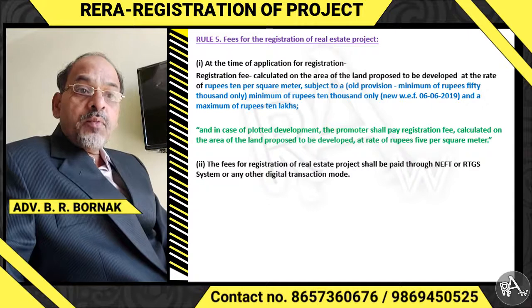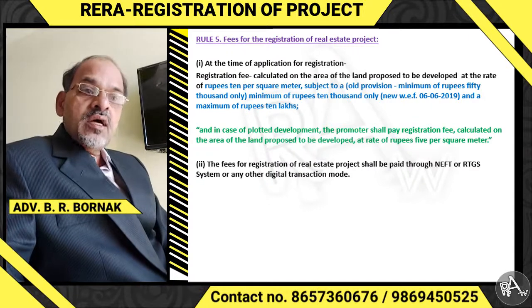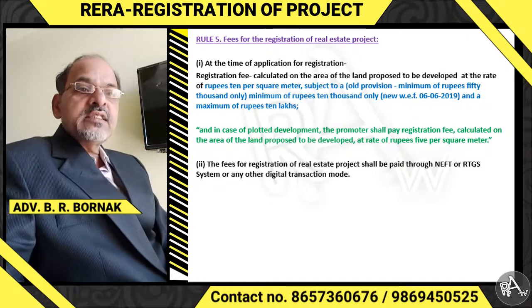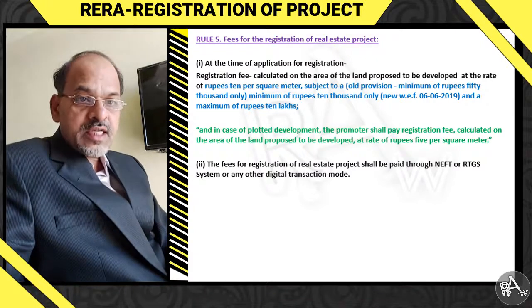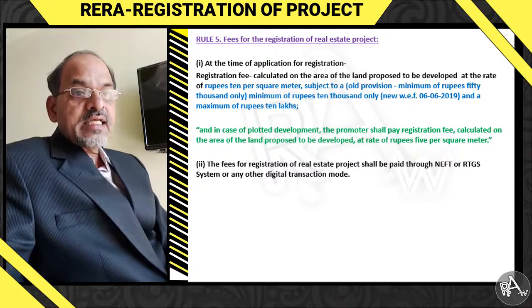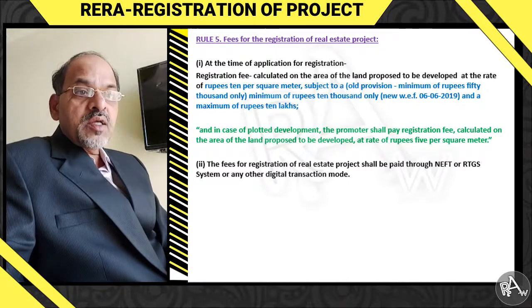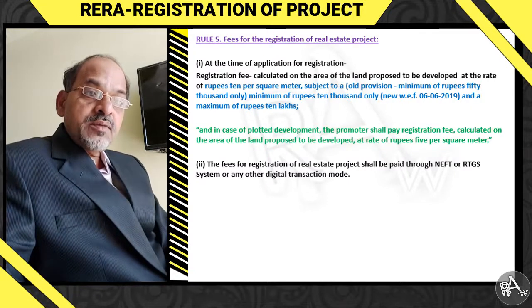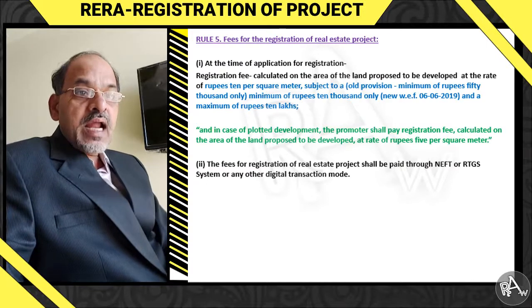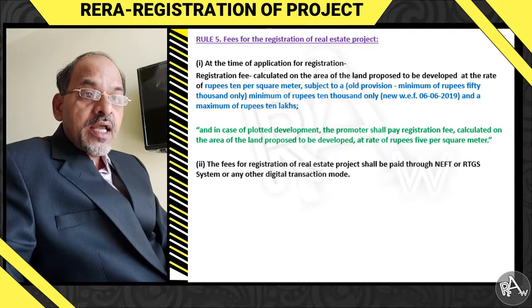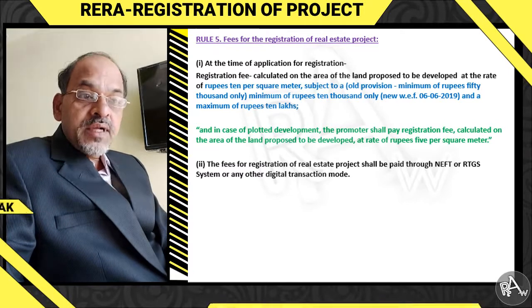And in case of plotted development, where land is divided into different plots and the plots are sold to the allottees, the promoter shall pay a registration fee calculated on the area of the land proposed to be developed at the rate of rupees 5 per square meter.